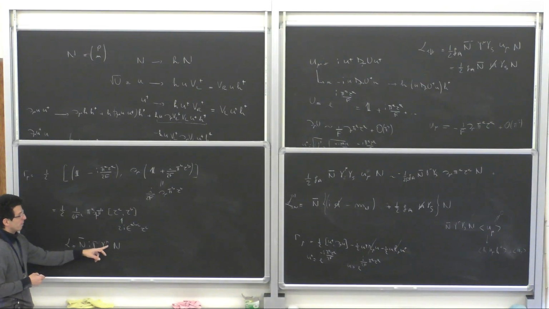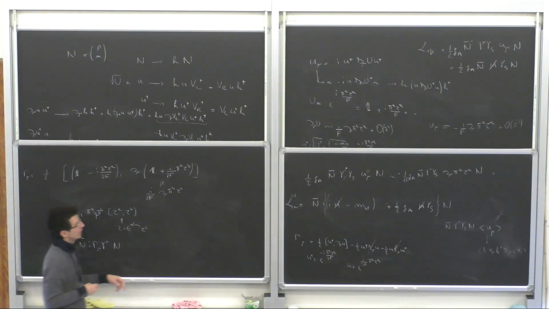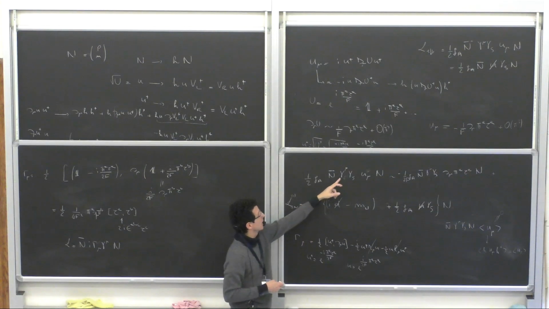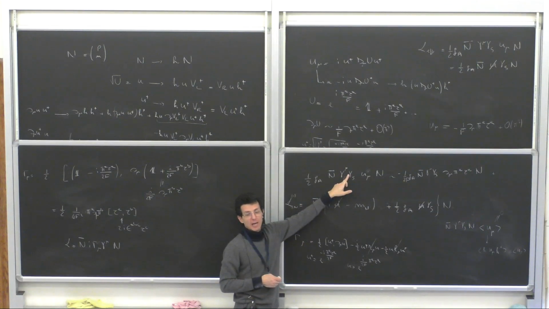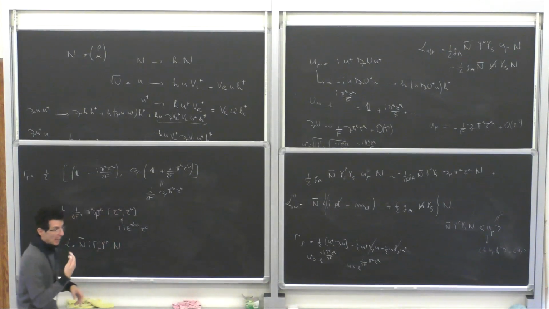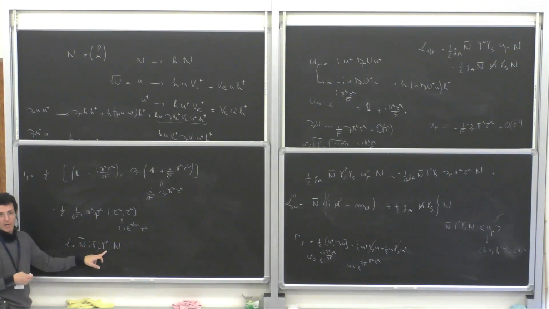First of all, remember the gamma matrices. Before, for this contribution, what was important was the space-like indices mu, because there was a gamma 5. Here there is no gamma 5.